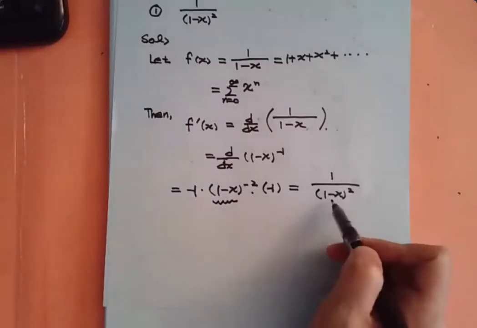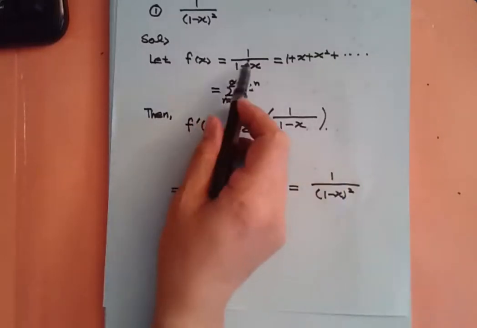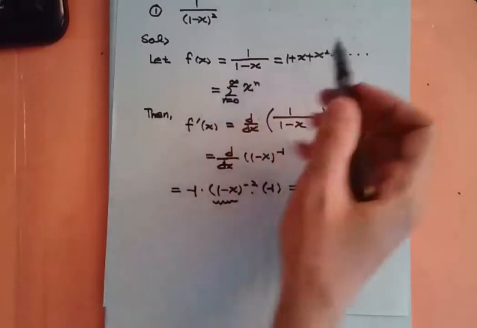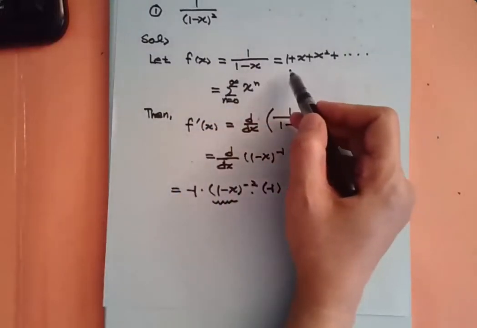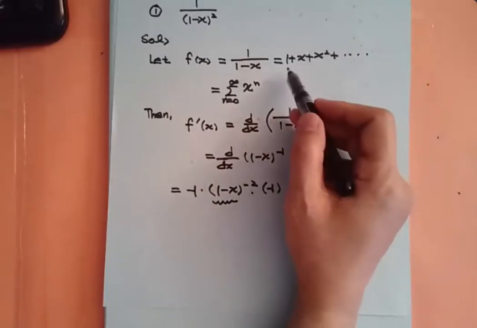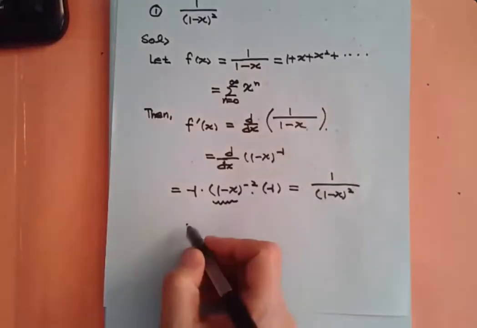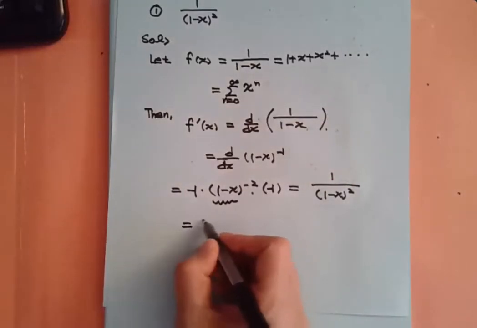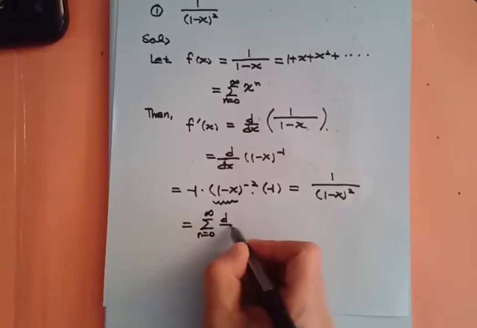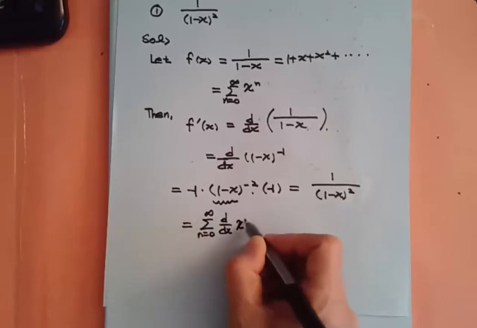So this function is the derivative of 1 over 1 minus x, and when that converges, we can do term by term differentiation. So we can rewrite that as the sum from n equals 0 to infinity of d dx of x to the n power.